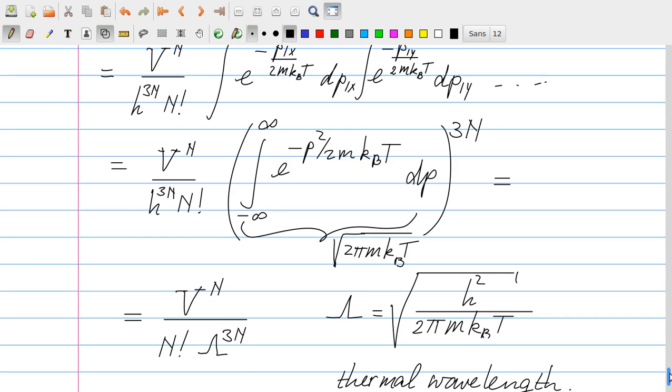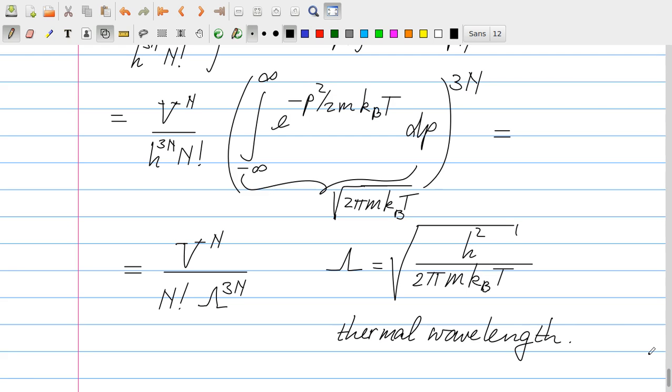And so we can write the final result then as V to the power n divided by n factorial lambda to the power 3n, where lambda is the square root of h squared over 2 pi mk_BT. Now this lambda has a dimension of a length, so it's called the thermal wavelength. It's in fact the de Broglie wavelength, the quantum mechanical de Broglie wavelength for a particle at an energy of order kT.